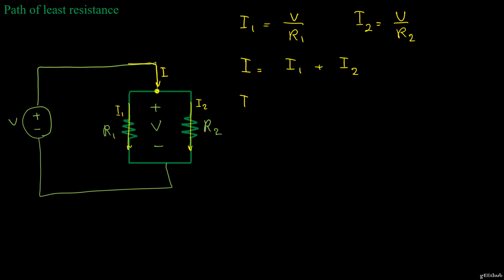So I'm going to replace this with the equations I found, which is V over R1 plus V over R2. I'm going to factor out V, and then create a common denominator.